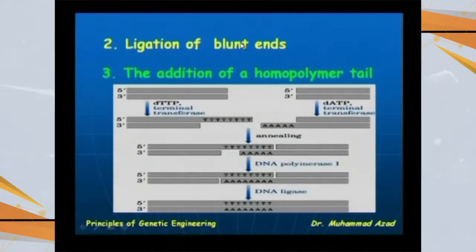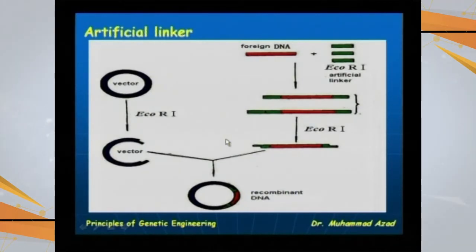Blunt ends are ligated by addition of a sequence like TTT, and the complementary to that is AAA. They act as sticky ends, then cause ligation, and again DNA ligase ligates all of these fragments. So these are the artificial linkers, like we have added GGG, CCC, or TTT for AAA.